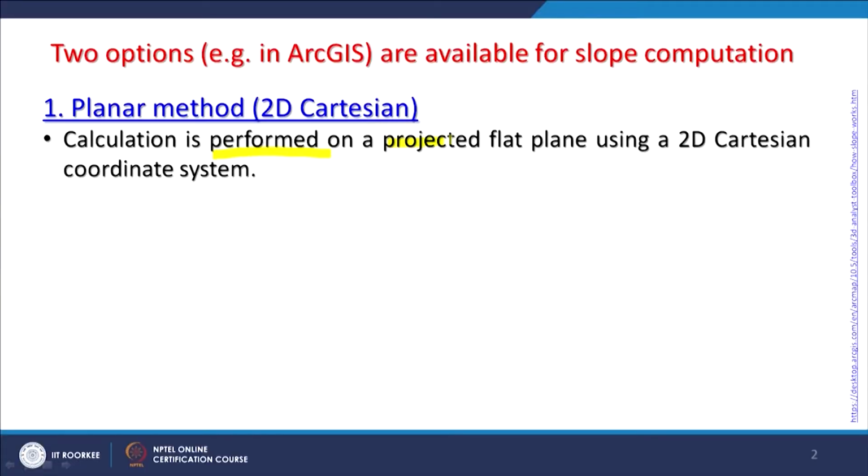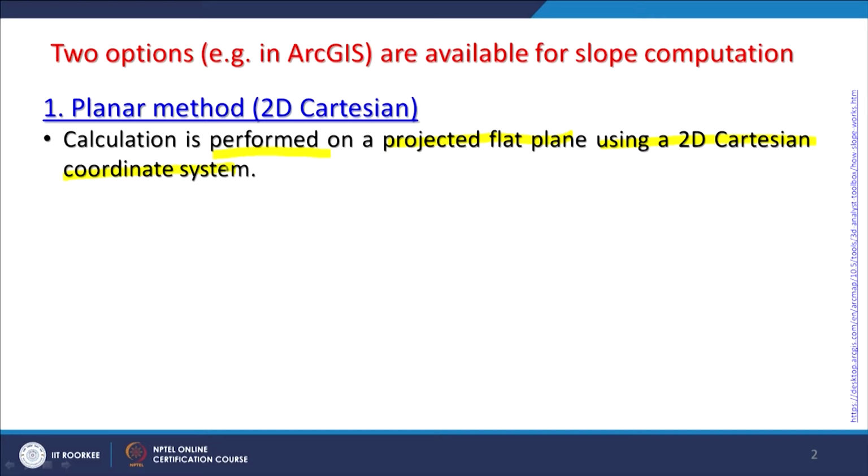So, the first option, which is the default, is the planar method, which we have also briefly touched upon in the previous discussion. It performs the calculation on a projected flat plane, using a 2D Cartesian coordinate system.